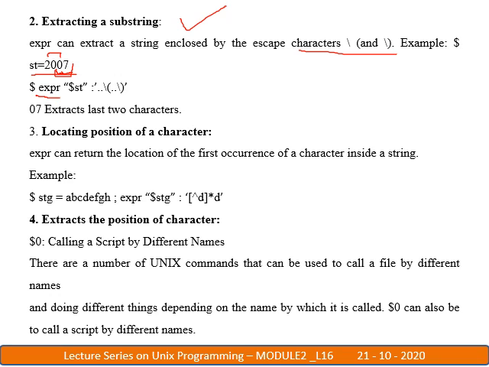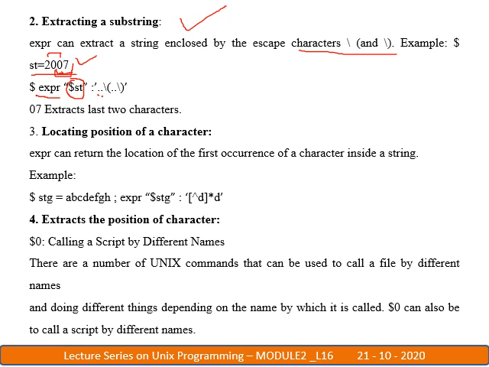That should be written before, on the left side of, the colon. So $ST gives the value of ST, that is 2007, and then you specify how many characters you want to extract from the particular string. I want to extract two characters, so for that you have to write two dots.